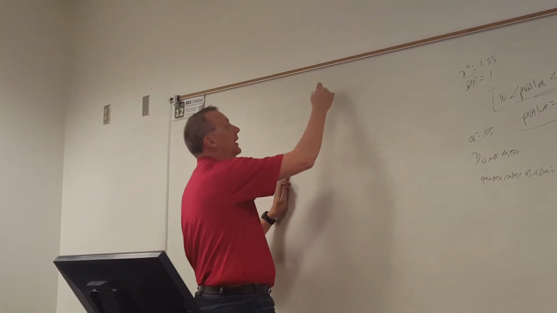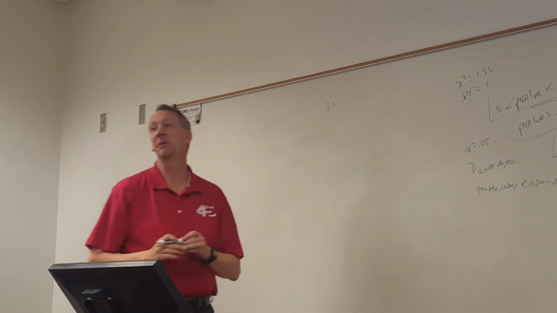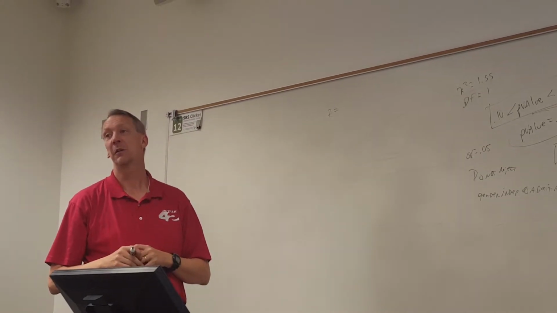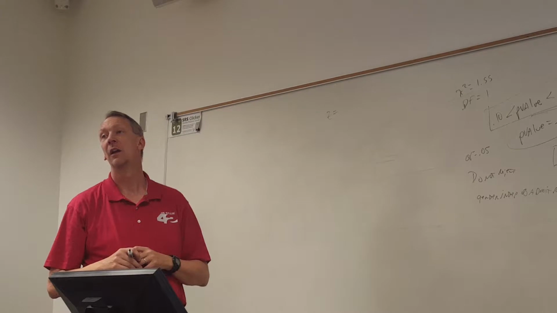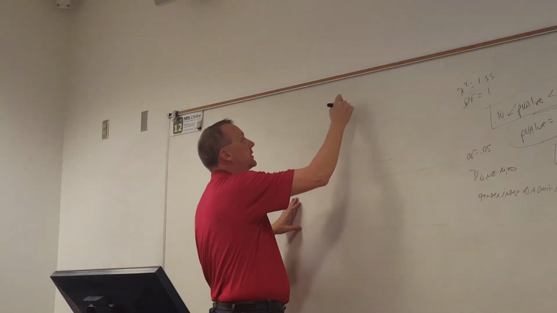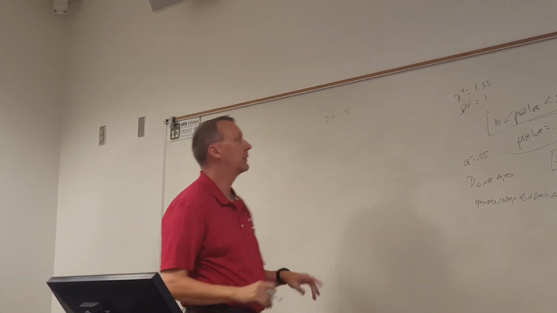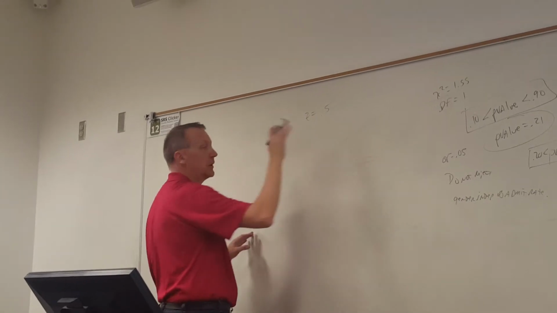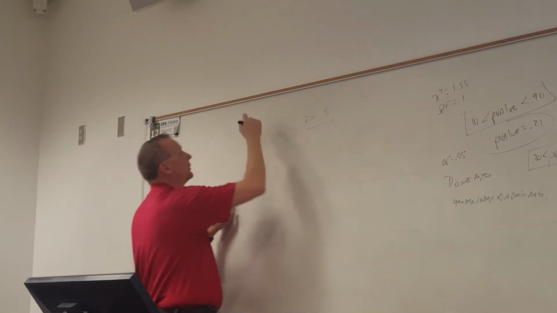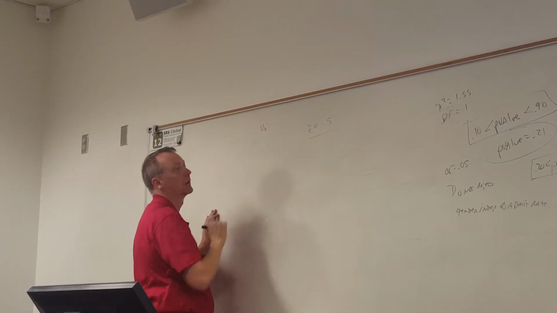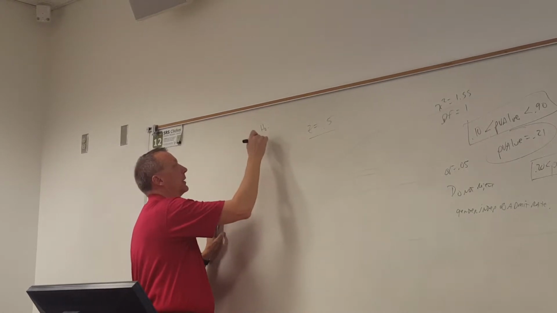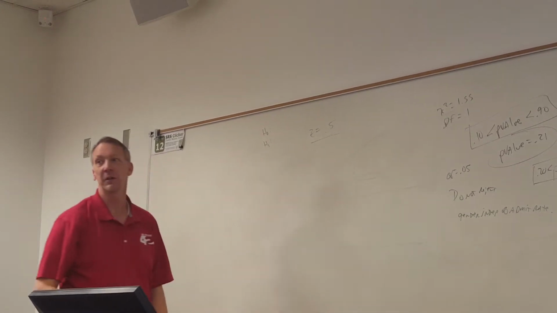So I can make one up. What do you want your z-score to be? Make up a number. 0.5. Z-score equals 0.5. Now, you need actually more information now. What's your null hypothesis? And your alternative hypothesis? It can be anything you want, we're just making it up.